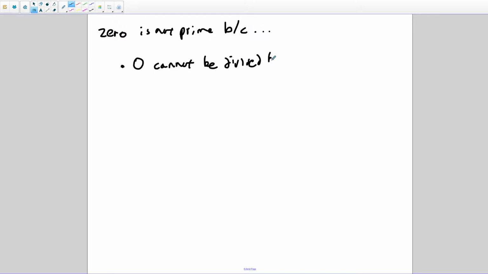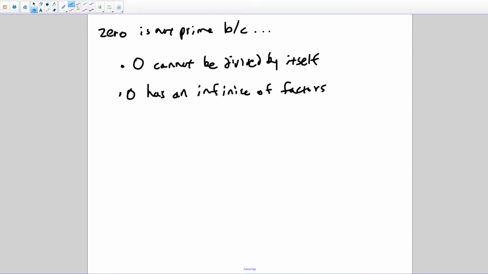Another situation to keep in mind is understanding why 0 is not prime. 0 isn't prime because of two main reasons. First, 0 cannot be divided by itself. And a second reason, we could also state that 0 has an infinite number of factors.